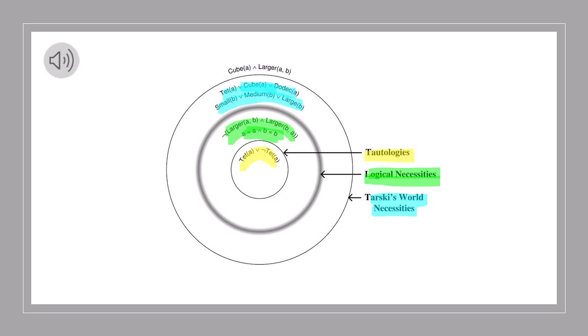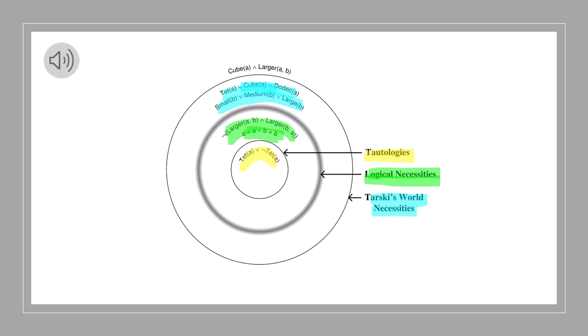On the other hand, notice that it's within the circle that says it's a Tarski's world necessity, because there is no way we could construct a world in the program Tarski's world that would make these sentences false. For example, the first one: if A is a constant that names some object on the board, then that object is either going to be a tetrahedron, a cube, or a dodecahedron.